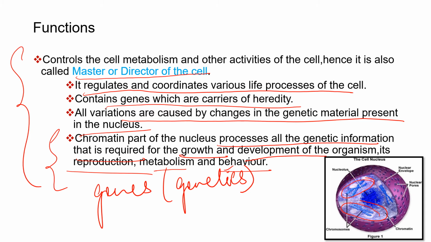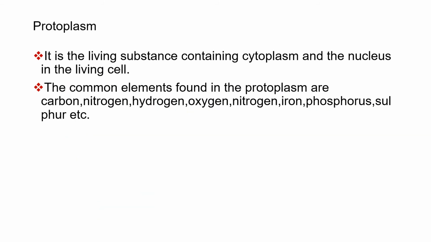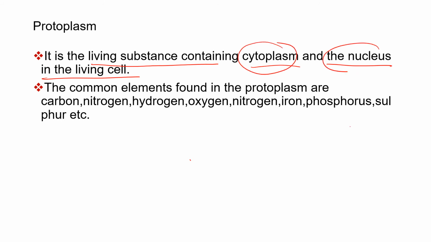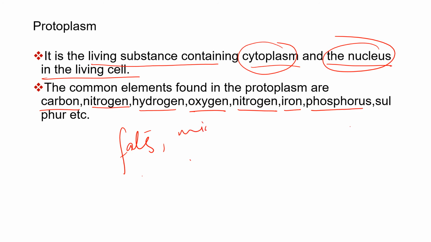Now let us move on to the next part, the protoplasm. What is protoplasm? It is a living substance containing both the cytoplasm and the nucleus of the living cell. The common elements found in protoplasm are carbon, nitrogen, hydrogen, oxygen, iron and phosphorus, and it also consists of several fats, minerals and water.